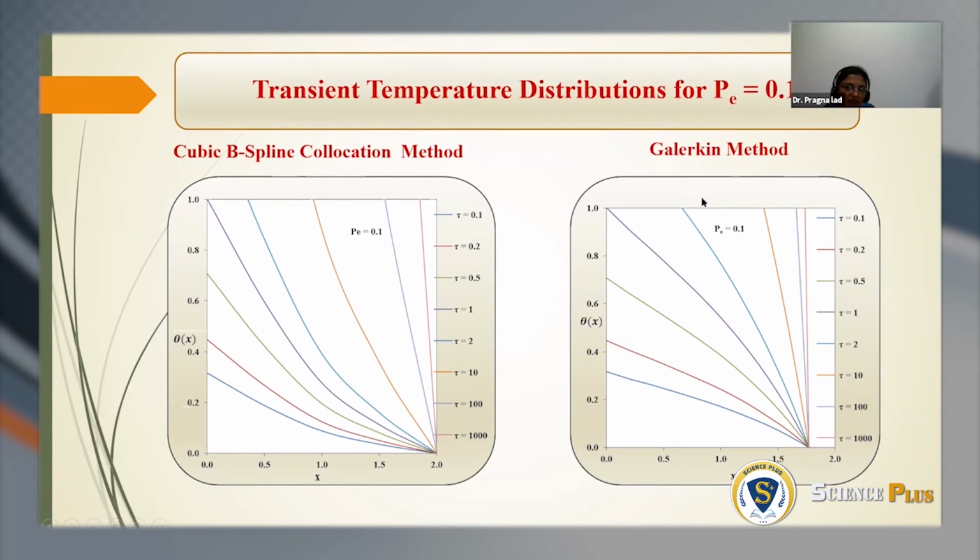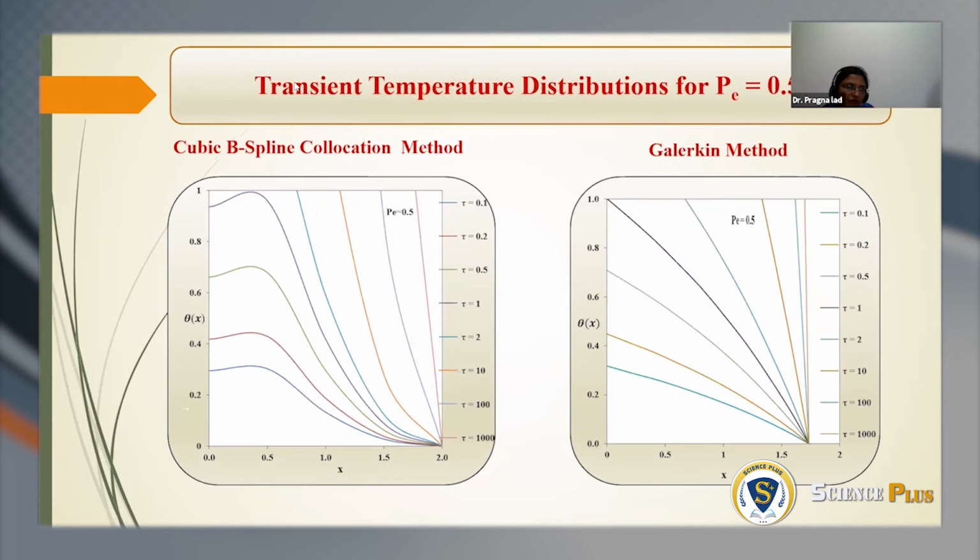We can say that in the cubic B-spline collocation method, as the value of tau is increasing, the transient temperature is also increasing. In the same way, we can find in the Galerkin method also, as tau is increasing, the transient temperature is also increasing.